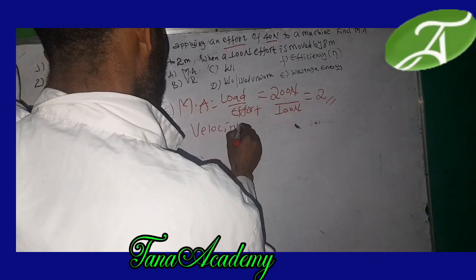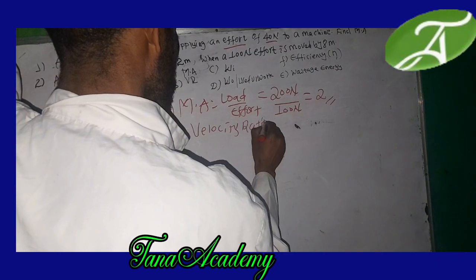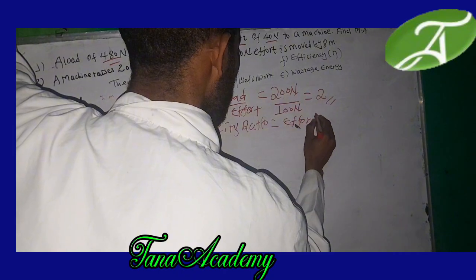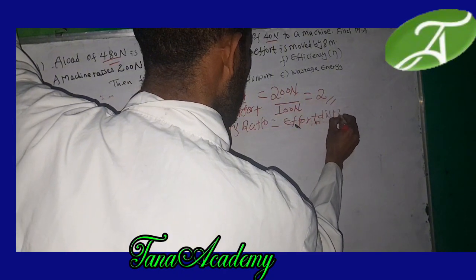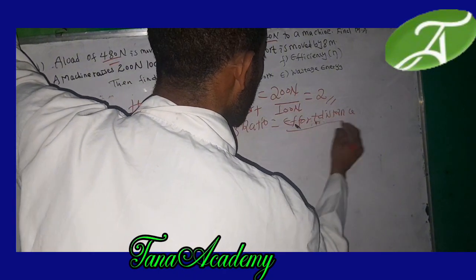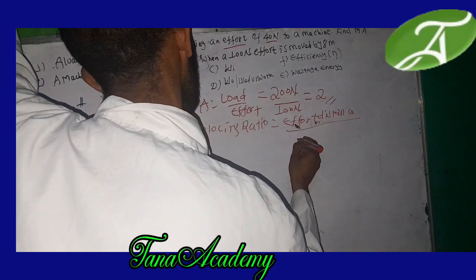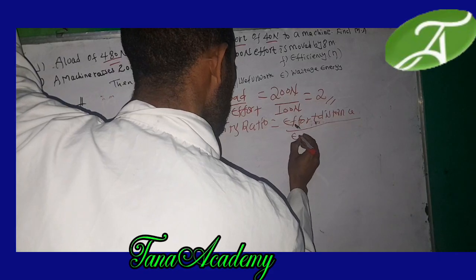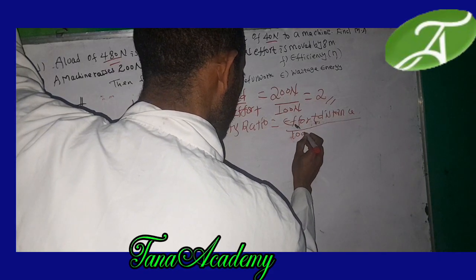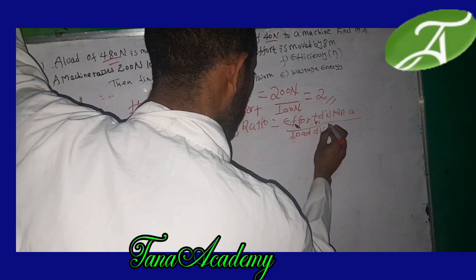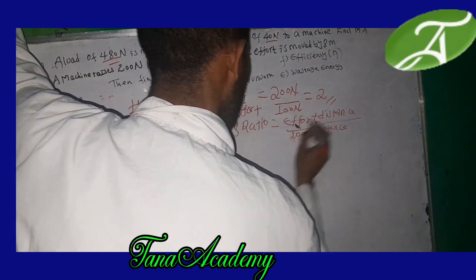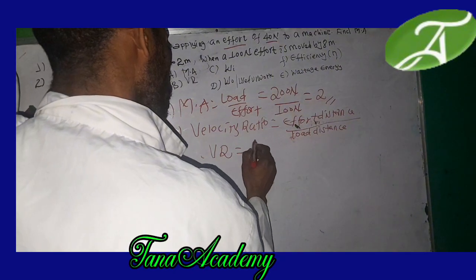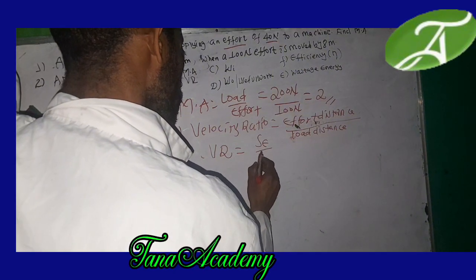B. Velocity ratio is equal to effort distance, or distance moved by the effort, over distance moved by the load, or load distance. Velocity ratio in shorthand notation is effort distance over load distance.